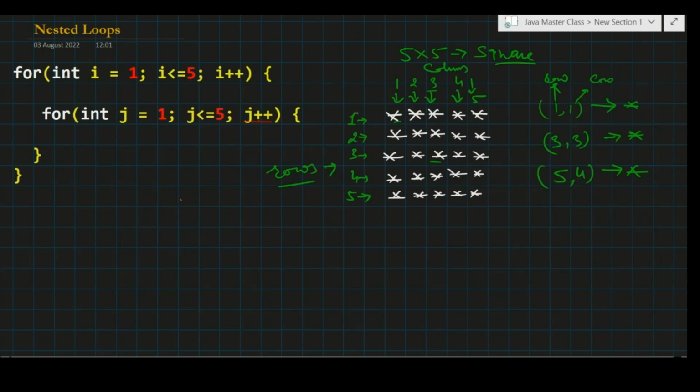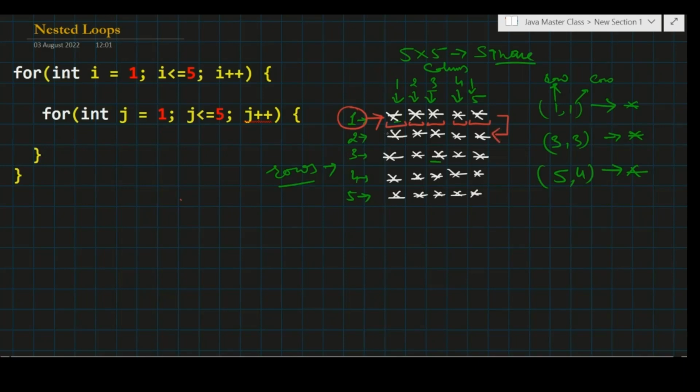Now, as you can clearly see over here, for the first row, we have to print 5 stars. We will print first star, second, third, fourth, and fifth in a sequence. Once we are at the fifth location, I mean at the fifth column, then we will throw our cursor into the next line.